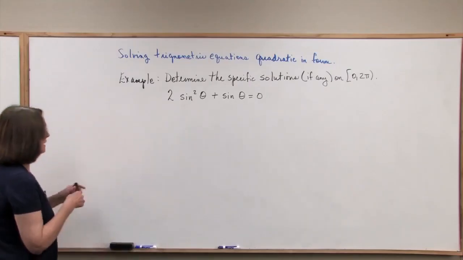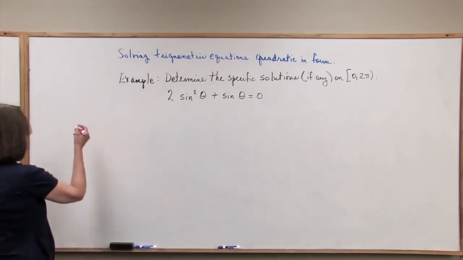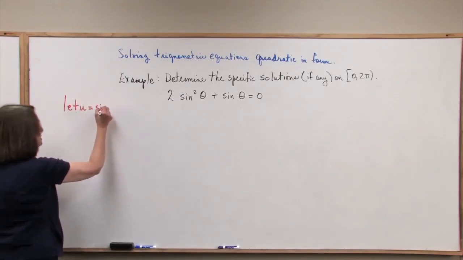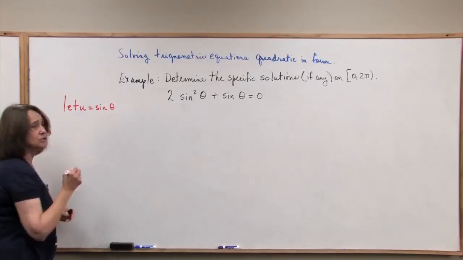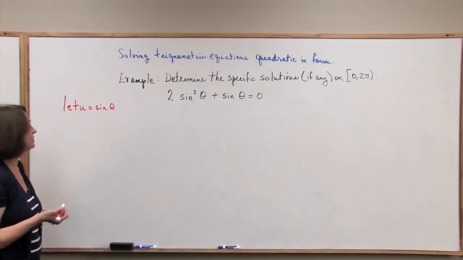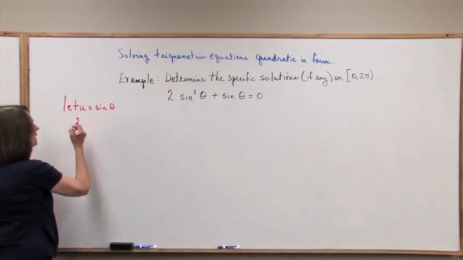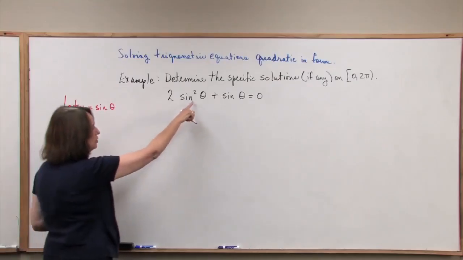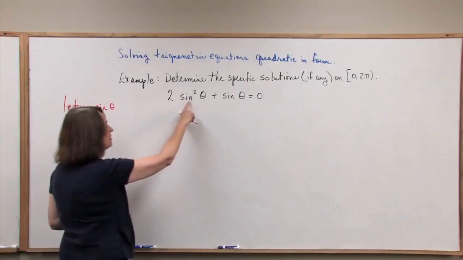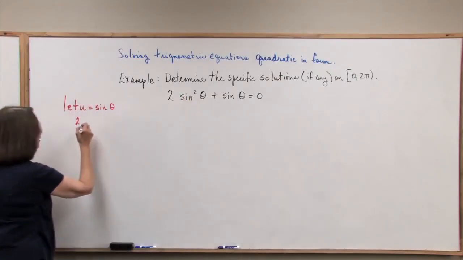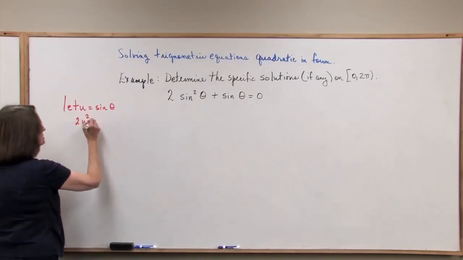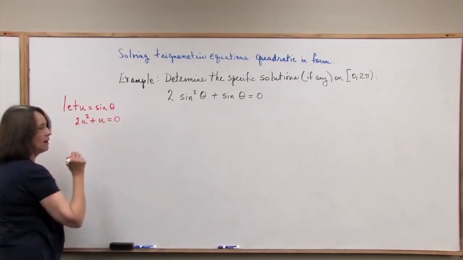I'm going to make my substitution and let u be the sine of theta, so I can readily recognize how to solve this equation. In algebra, substituting u here, if u is the sine of theta, then sine of theta squared will be u squared, plus u equals 0.